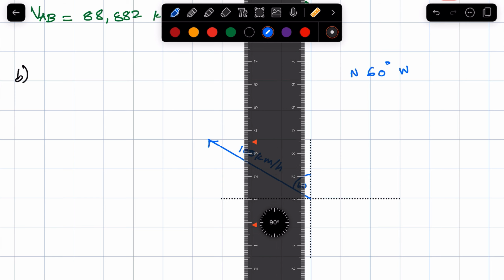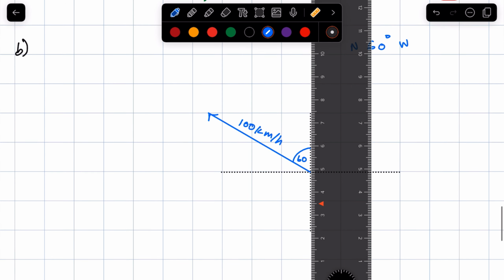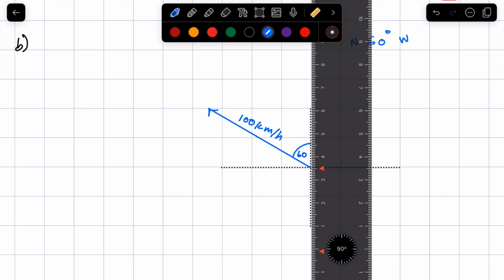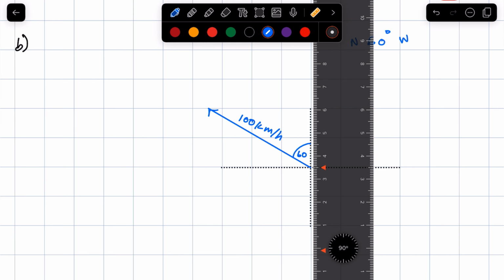In the statement they said it's going north, but because it's the frame of reference, we draw it going south.